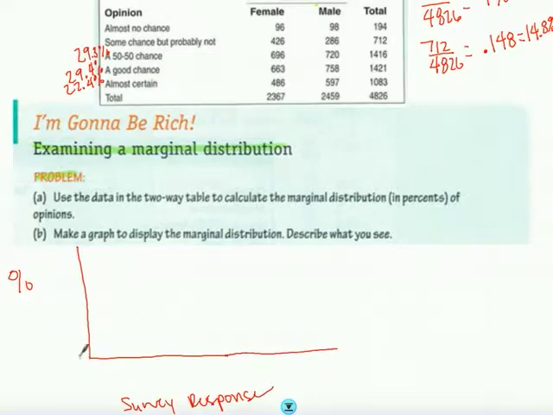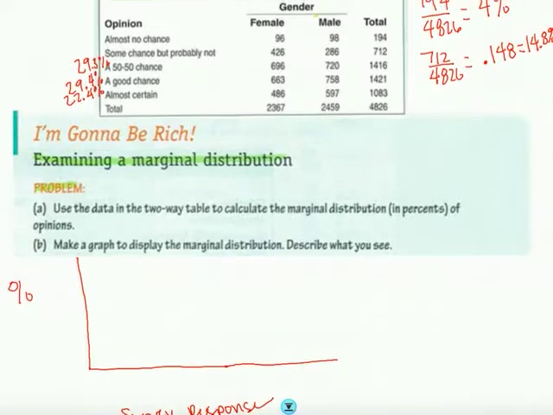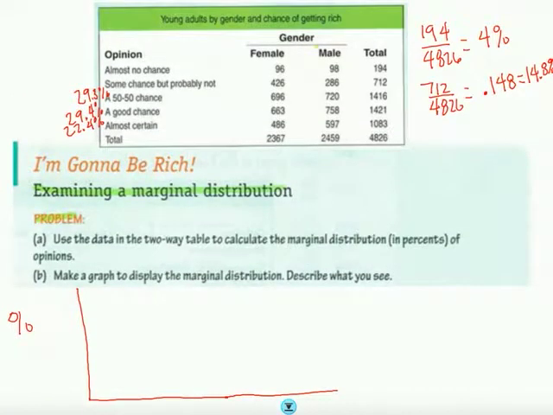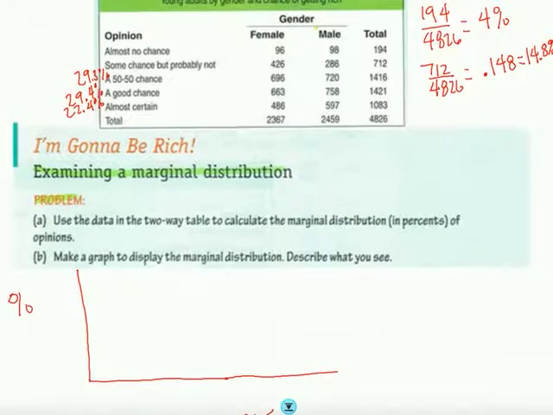All right, so a good scale, if you're looking at it, you had 4%, 14.8%, 29.3%, 29.4%, 22.4%. So a good scale would be probably to go by 5. So we're going to start at 0. We've got 5, 10, 15, 20, 25, and 30.